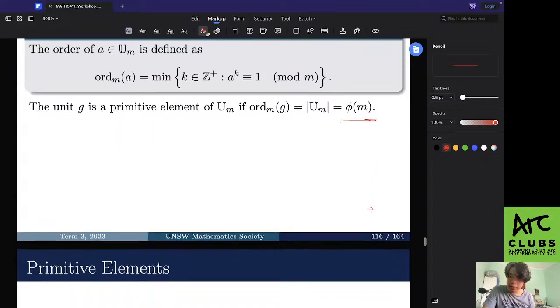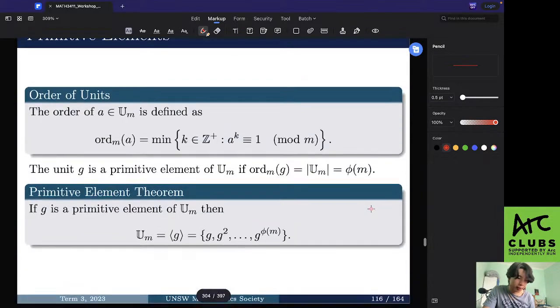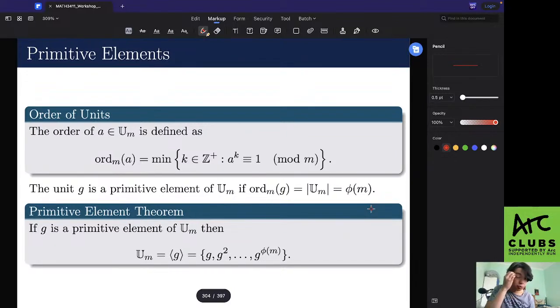And the reason it's primitive is because we can use it to calculate the rest of the units. Because it turns out in mod m, all the powers of g from 1 to phi m all become the units. And that's why it says g, because g actually stands for generator, so you can use it to generate the units.